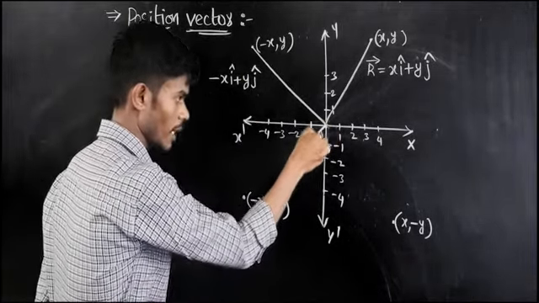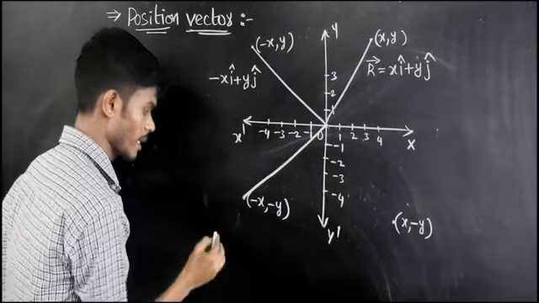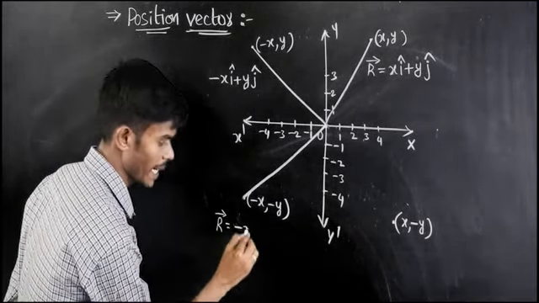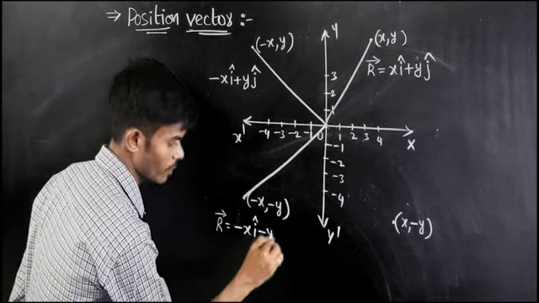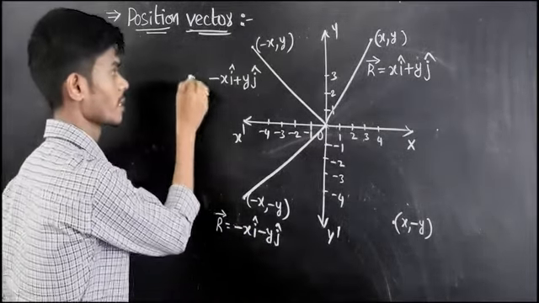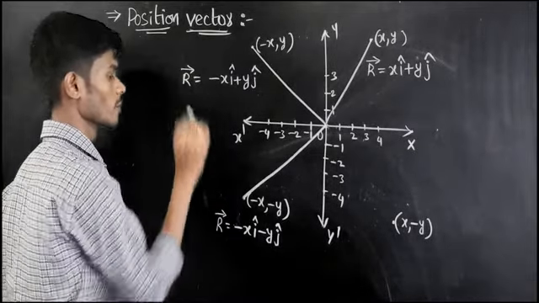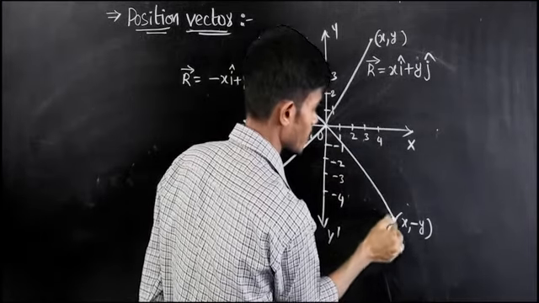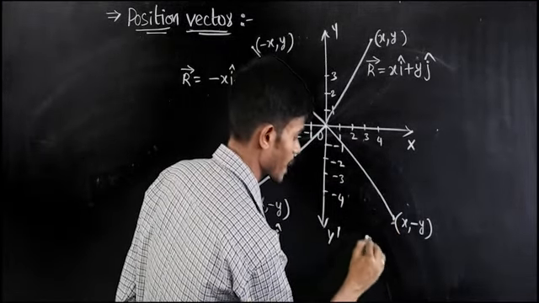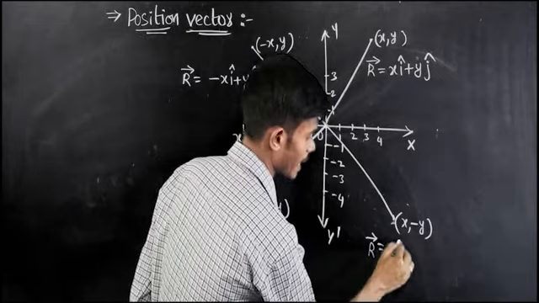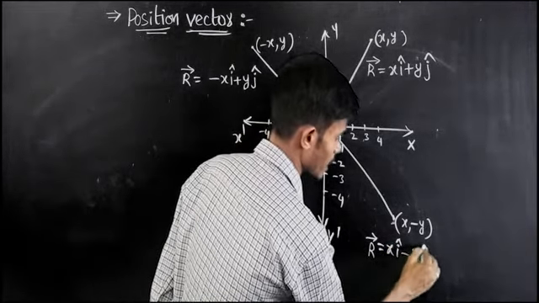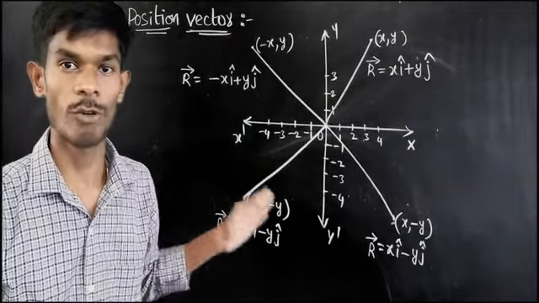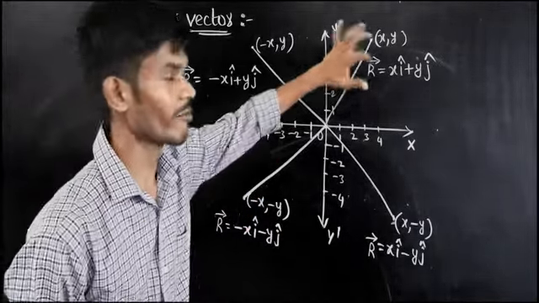In the third quadrant, the position vector r bar is equal to minus x i cap minus y j cap, as both are negative values. In the fourth quadrant, r bar can be written as x i cap minus y j cap.